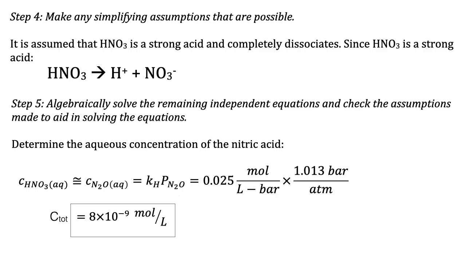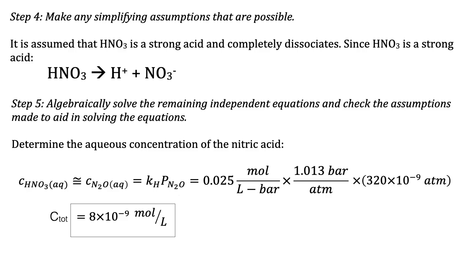Then we'll substitute into our equation the Henry's law value, 0.025 mole per liter per bar. In this case, since we're in bar instead of atmospheres, we'll convert using 1.013 bars per atmosphere. And we need to multiply that by the partial pressure of the nitrogen oxides in the atmosphere, which is 320 parts per billion, or 320 times 10 to the minus 9th atmospheres.